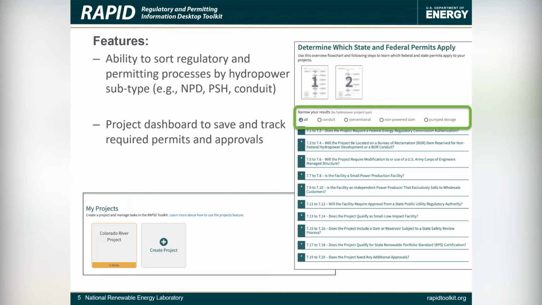In addition, in the bottom left corner of this screen, I wanted to point people's attention to a feature that if you sign up for an OpenAI account, you then have access to this feature called My Projects. What My Projects allows you to do is use this as a permitting dashboard.